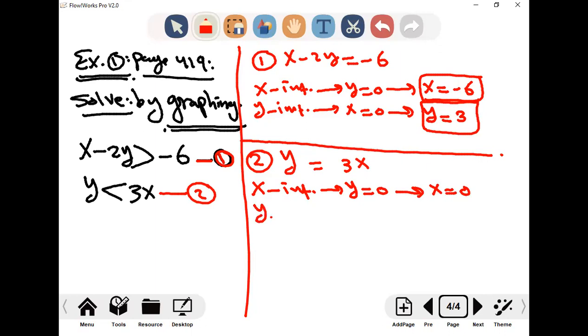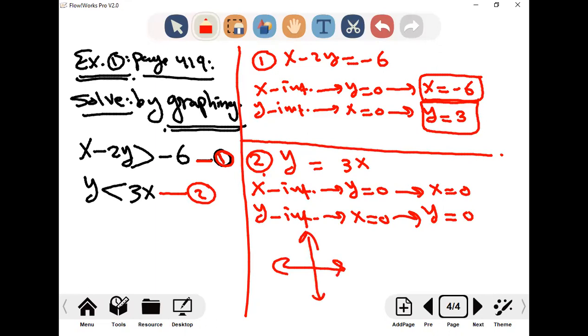If y-intercept means x equals 0, y equals 3 times 0, which is 0. So y equals 0 also. So the x and y intercepts have the same value, both 0. At this time, when you want to graph this line, focus with me, please. The x-intercept is 0, the y-intercept is also 0.